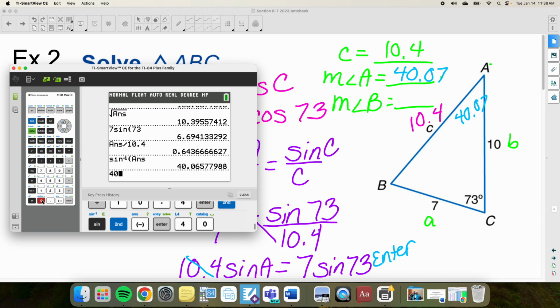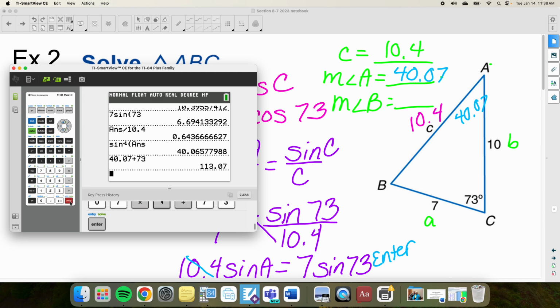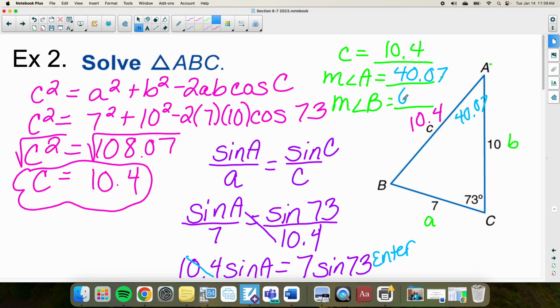So if I went 40.07 plus 73, that's 113.07. And if I subtracted that from 180, I get 66.93 degrees.